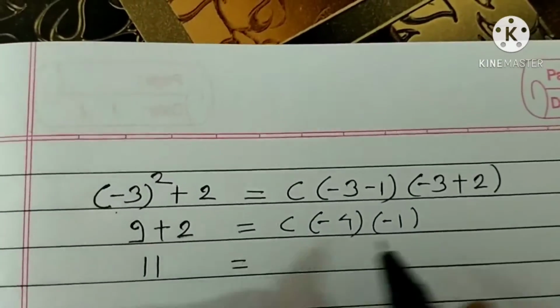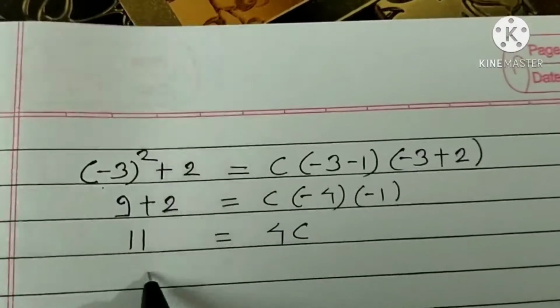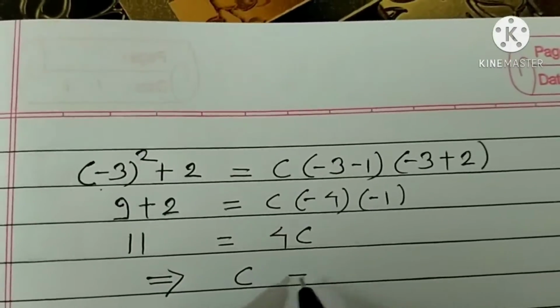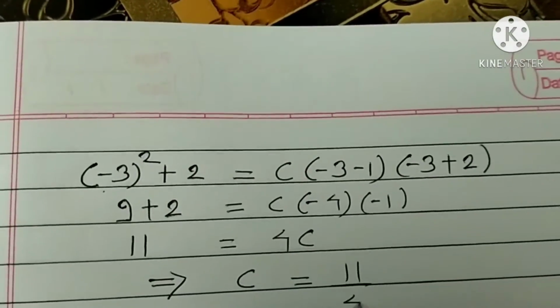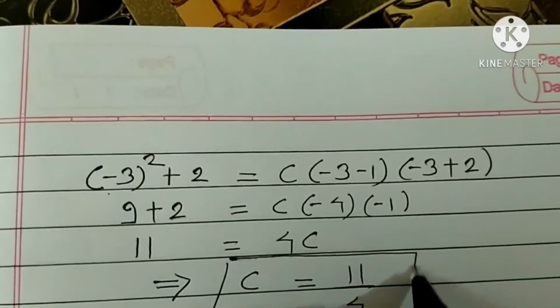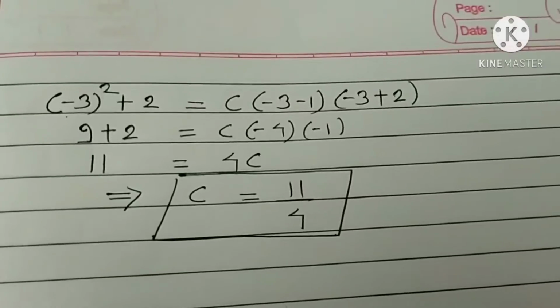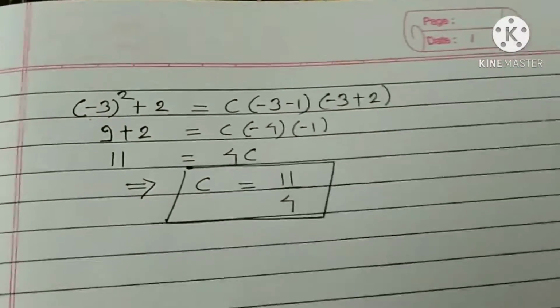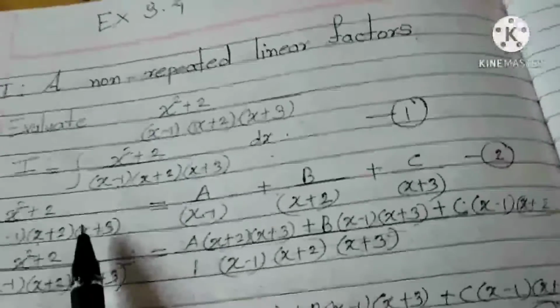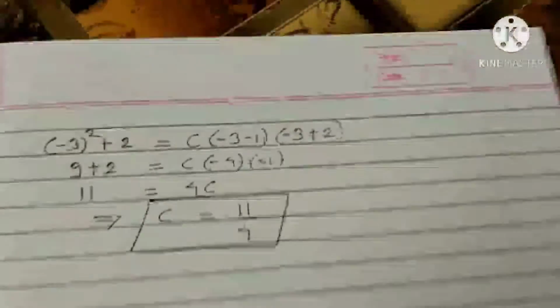So 11 is equal to 4C, and this will become C is equal to 11 upon 4. Now here we get three values, that is A, B, C. Put all the values in this equation 3.